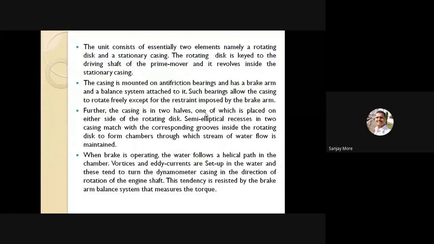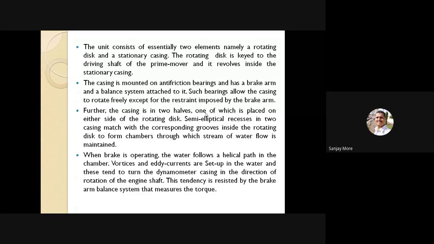so write down: this unit consists of essentially two elements, namely a rotating disc and a stationary casing.